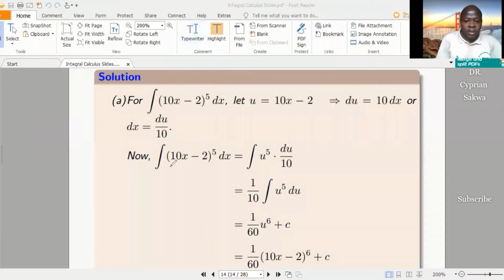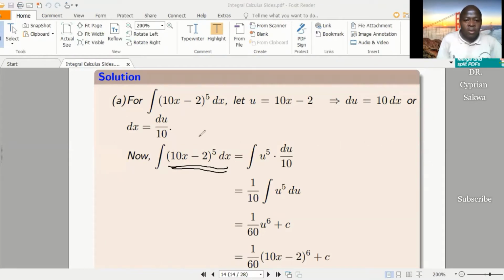But before we do this integration, for us to integrate this, let u be the one inside the bracket, and then differentiate on both sides. du is 10 dx. Then make dx the subject of the formula by dividing both sides by 10, and we have dx is equal to du out of 10.